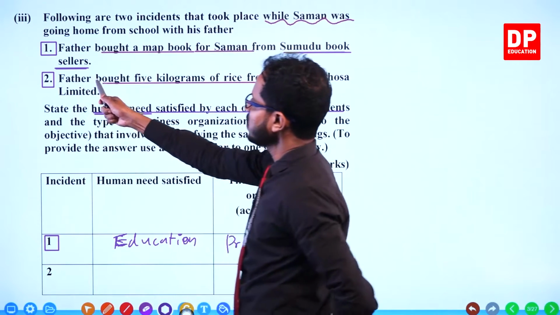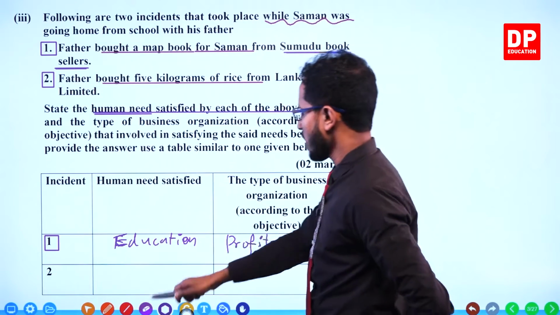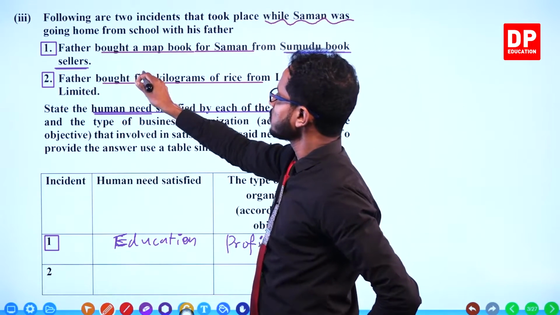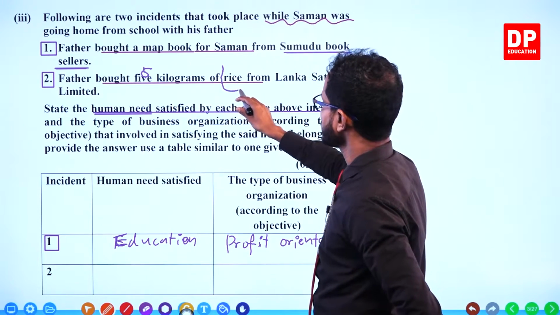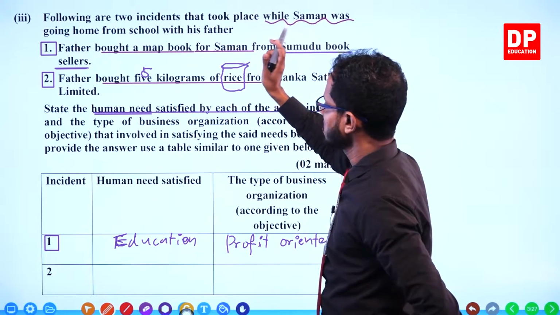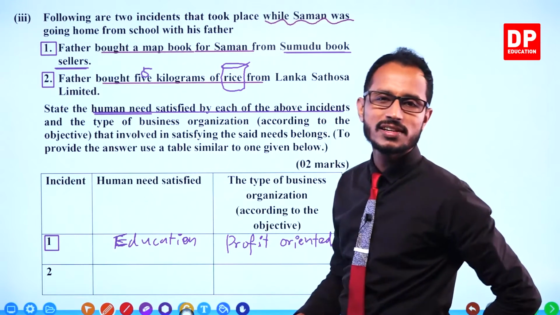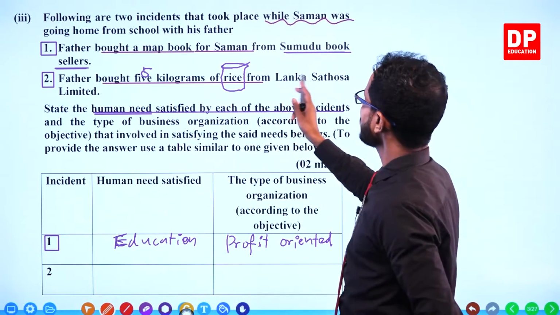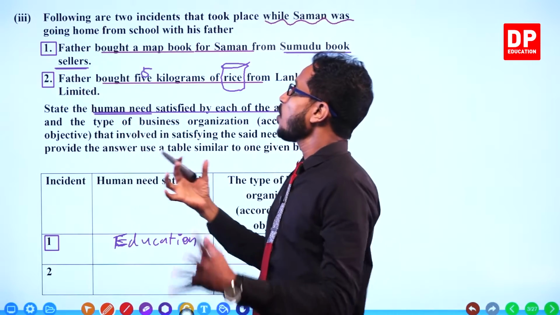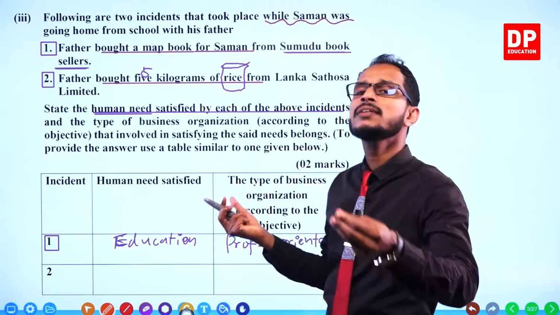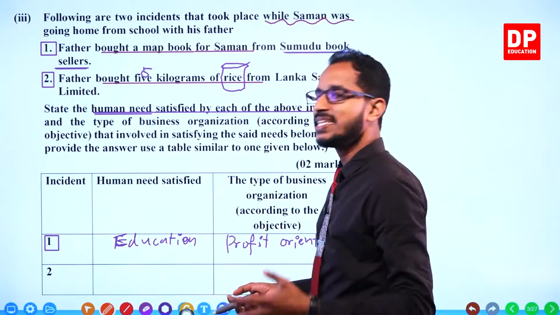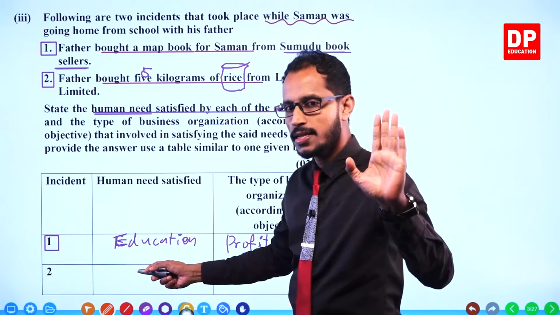Father buying 5 kilograms of rice. A sack of rice from Lanka Satosa Limited. Now, why do you buy rice? To eat. That is the need.